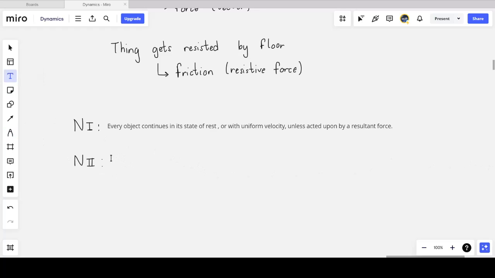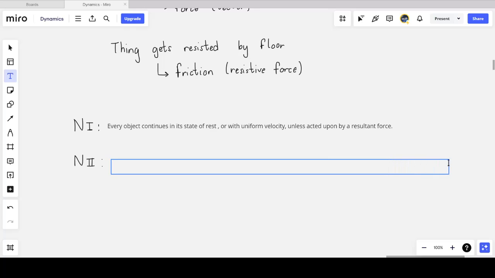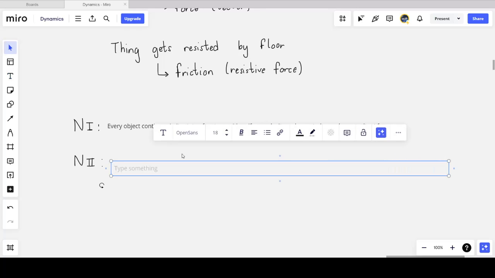We could ask university undergraduates what they thought Newton's second law is, and they would say F is equal to ma, which is not the 100% wrong answer, but it's not the right answer. F is equal to ma is a mathematical formulation of Newton's second law, but doesn't really do justice to Newton's second law in totality. So Newton's second law says that for an object of constant mass, so we are going to assume that mass remains constant in all our applications of Newton's laws.